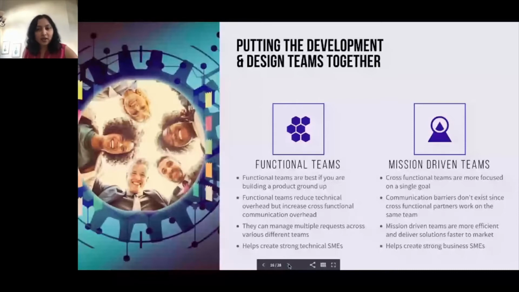I've worked at startups as well as enterprise, and I have most of the time leaned on forming mission-driven teams, unless it's really early stage or tech heavy, because I think those teams enable better collaboration long term.